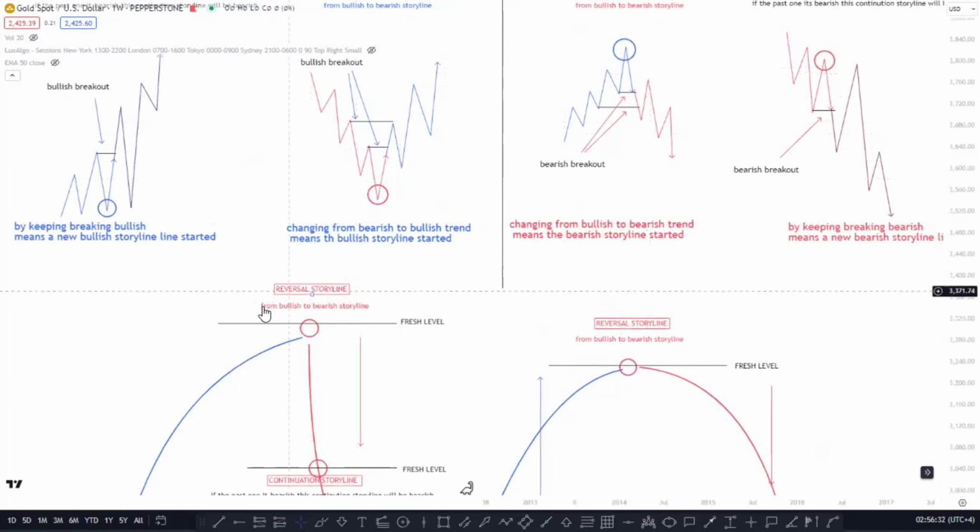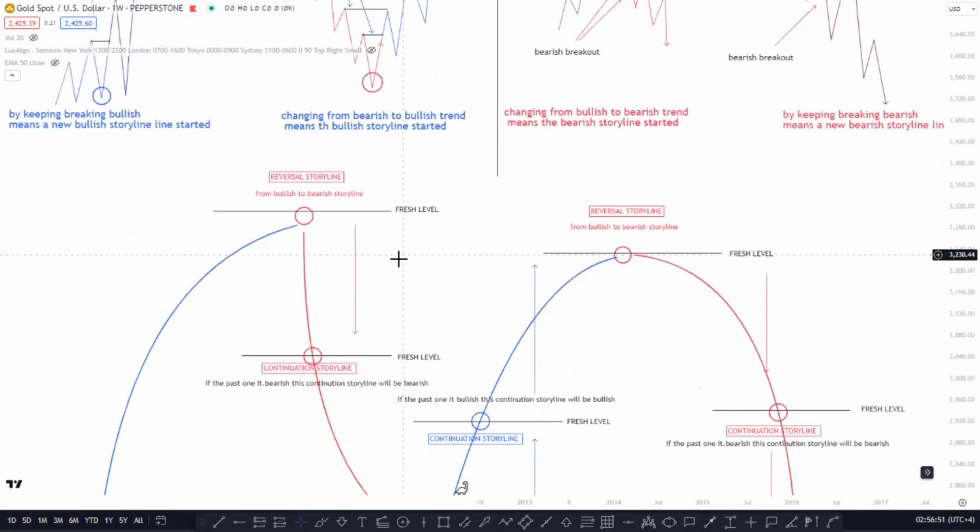Okay, when the price reaches this fresh level and we see a bearish breakout, that means the bearish storyline started, and it changed from bullish to bearish storyline.